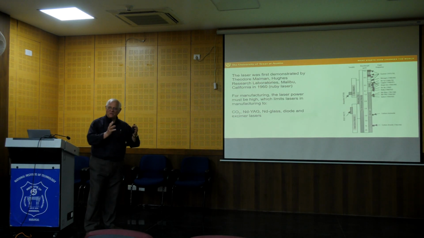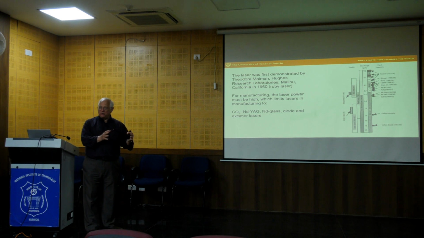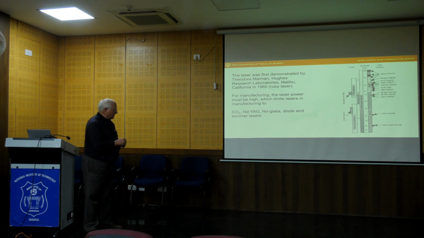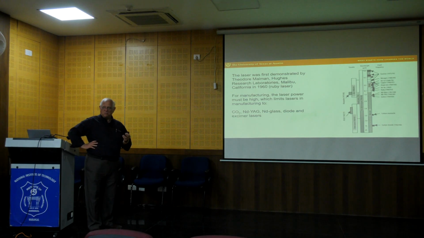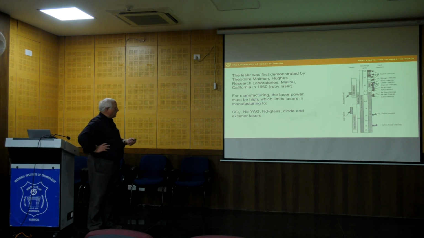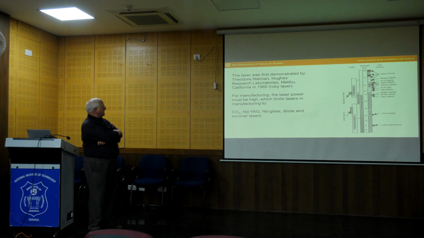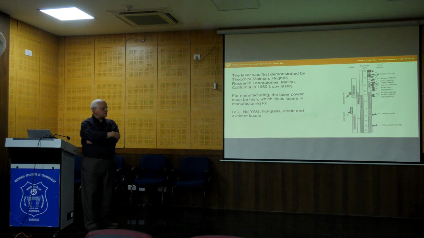So along with distributed computing, with desktop computers, this also is an important step in the development. This is the reason why we don't see these technologies developing earlier. So anyway, it was Maiman at Hughes Research that first demonstrated a ruby laser in 1960.